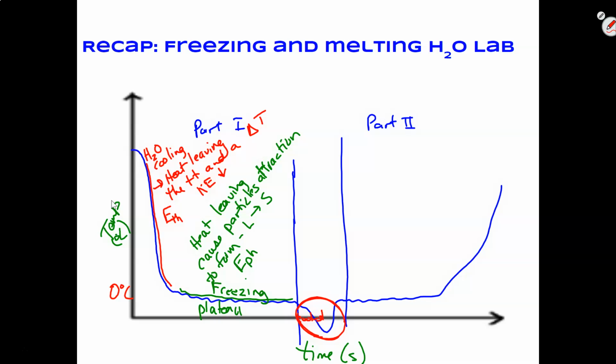Then, for the second part of it, this was out of the ice water bath, so this is when we removed the ice bath. This started to warm up, and then we got another plateau right here, and this is when melting happened.